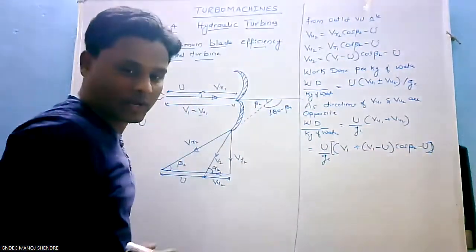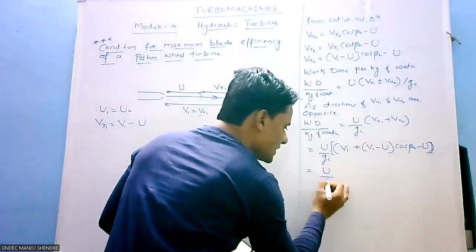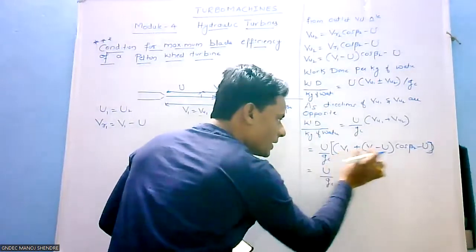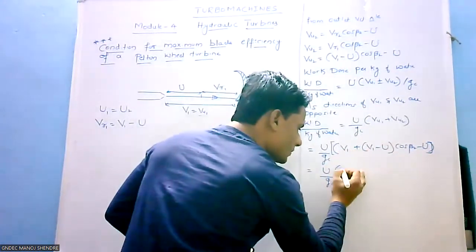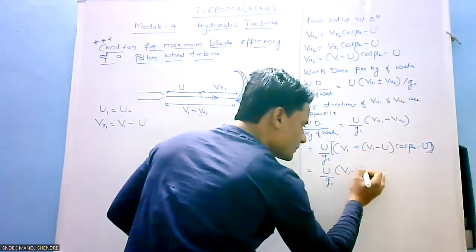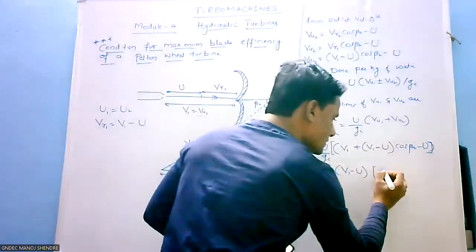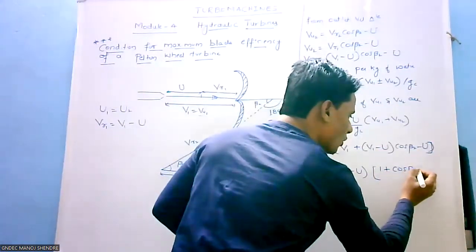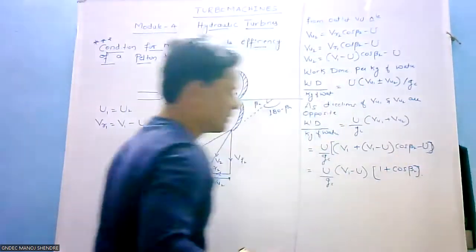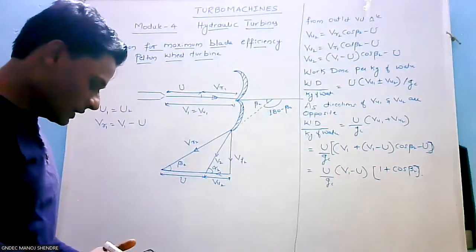Let me take V1 minus U outside the bracket, with U by gc as it is. Inside the bracket, we are left with 1 plus cos beta 2. I hope this is clear up till here.